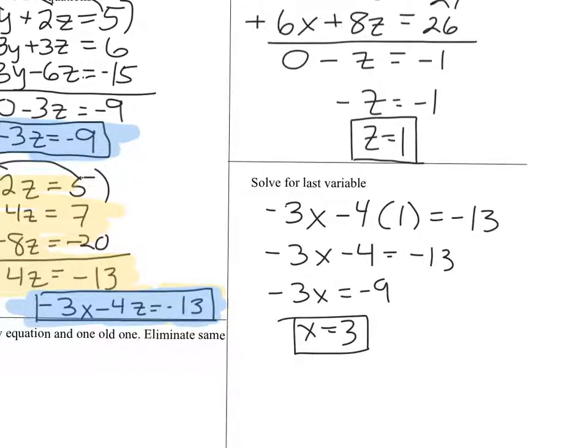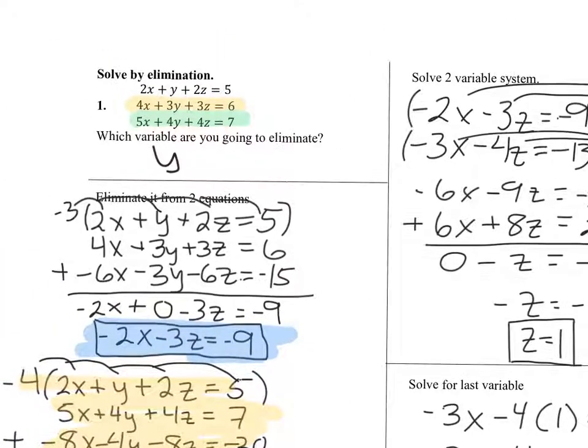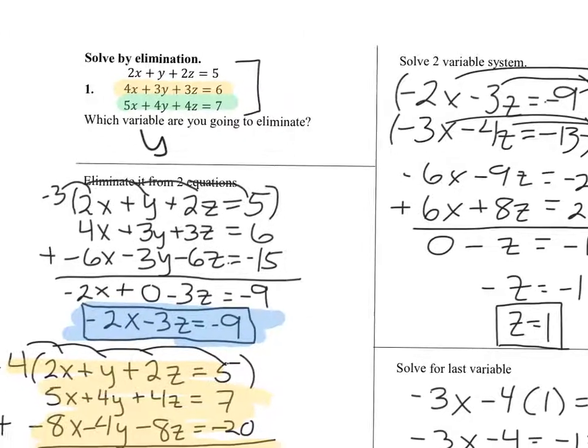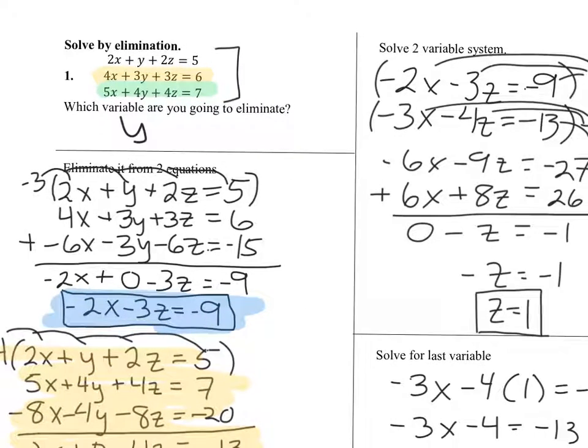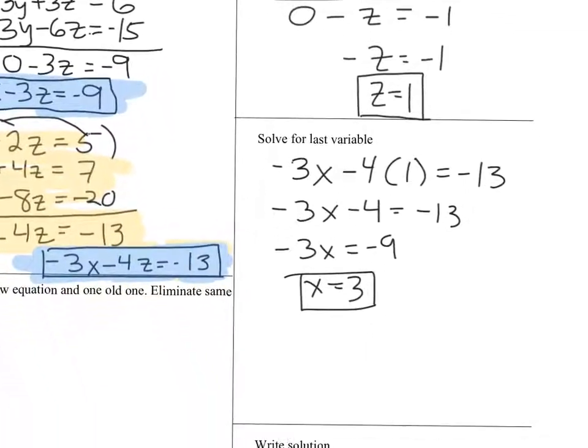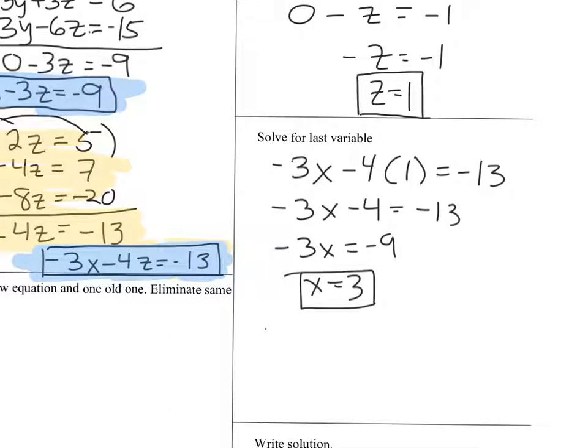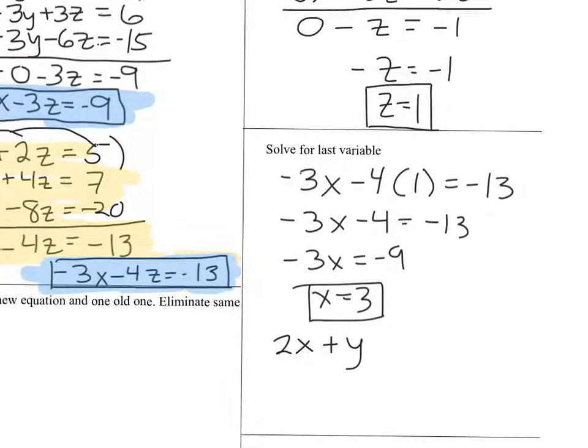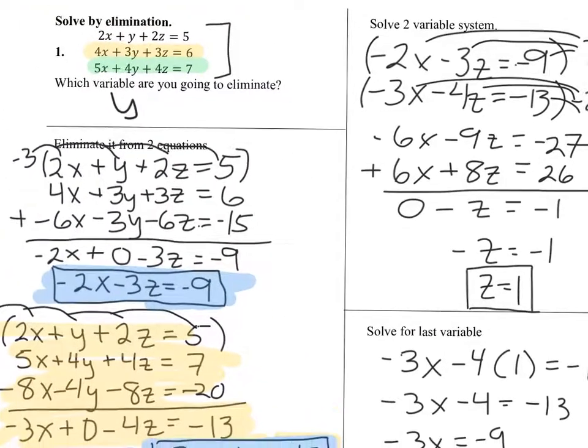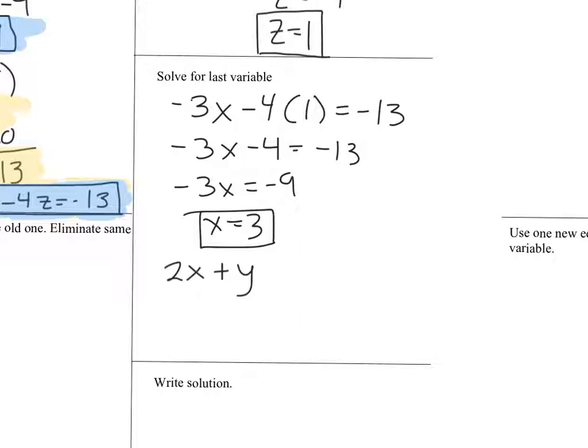Now let's solve for that final remaining one. You have the ability to choose whichever equation you want; all of these will help you find y. I always tell my students to choose the one that looks the easiest to use, the ones with fewer numbers. So let's use the 2x plus y plus 2z equals 5. Let's plug in what we know.